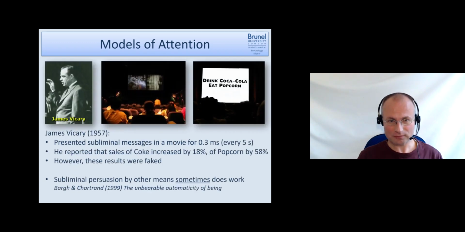Okay, so he presented these subliminal messages, extremely brief, every 5 seconds for 0.3 milliseconds. One reason for this is that we are actually quite good at detecting such brief flashes. If you go much longer, people will start seeing that and being unhappy about this. He said that the sales of Coke increased by 18% and that of popcorn by 58%. However, his results were faked.